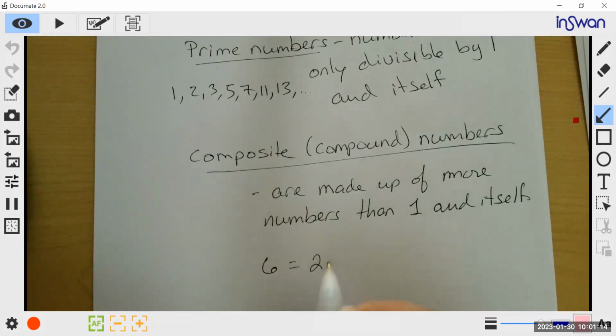Six is also divisible by 2 times 3, 1 times 6.